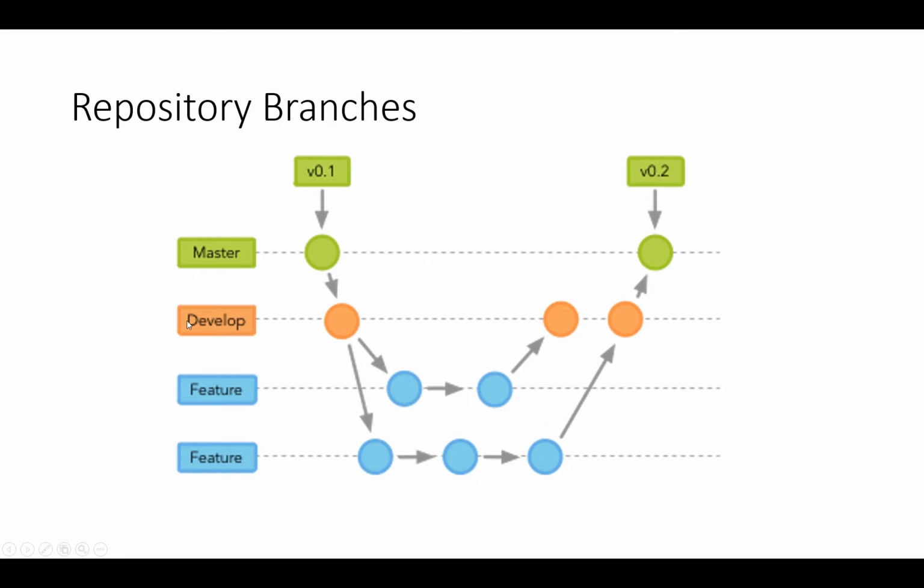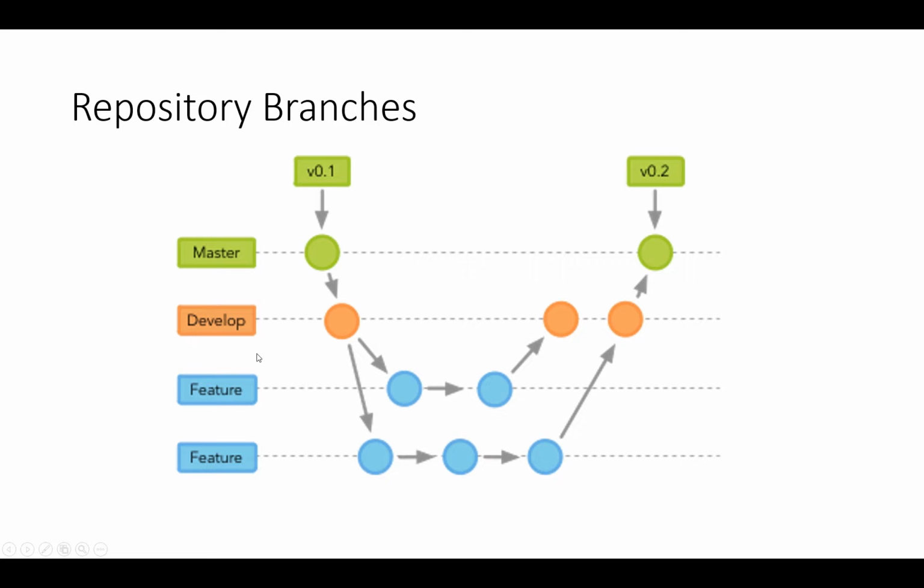The develop branch will usually be the one where you do your merging in between versions. So you have something complete, okay, it's fine, you merge it here, but you're going to add other things, another feature, another bug fix, until you're satisfied that it's ready for a new release, a new version number, and then you merge it back into master.